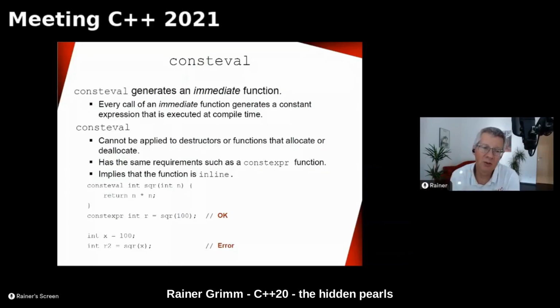It depends on the context or what you want to do with this function. If you use it in a constant expression, then it runs at compile time. But if the context is not constexpr, a constexpr function could run at runtime. Okay, but this is the difference. A consteval function can only run at compile time, and a different term for it is immediate function.